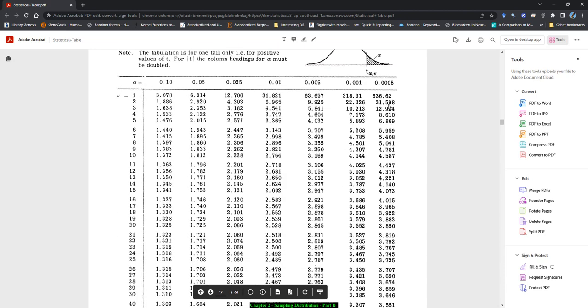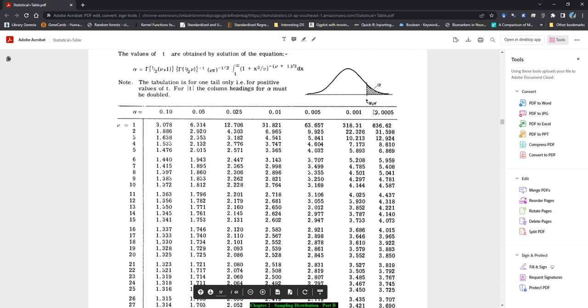Right. So here, basically we don't know the value of alpha, right? So we want to estimate the alpha. We want to find the alpha value. So here we want to look at this t.